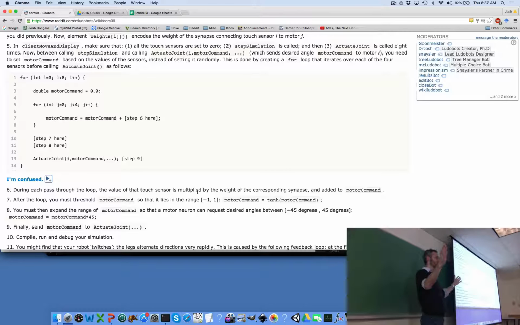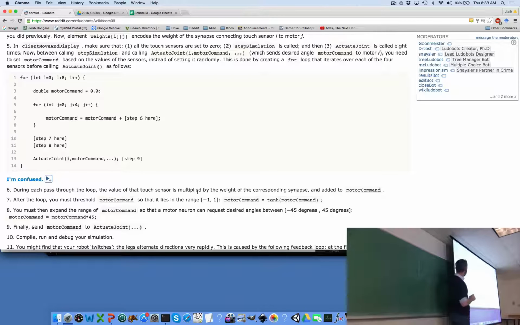Why that range? It's the range of the joint angles, right? The value that's arriving at the motor neuron is going to be the desired angle, right? Minus or plus.